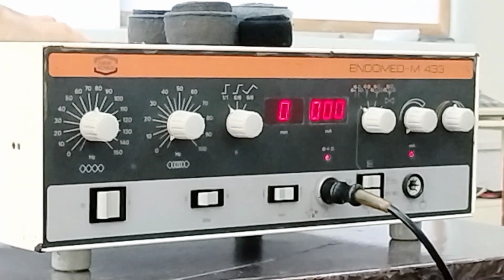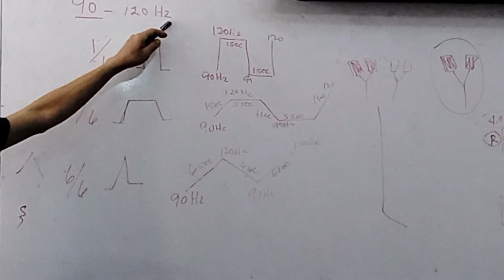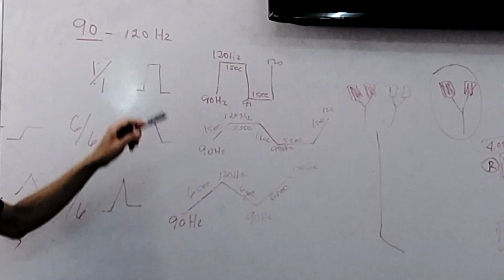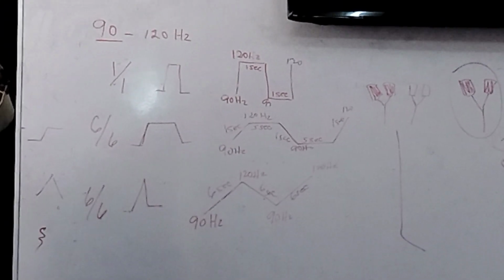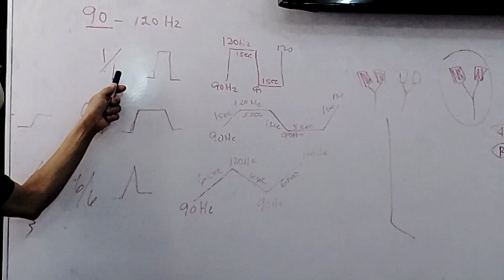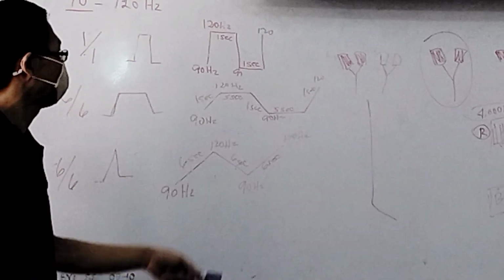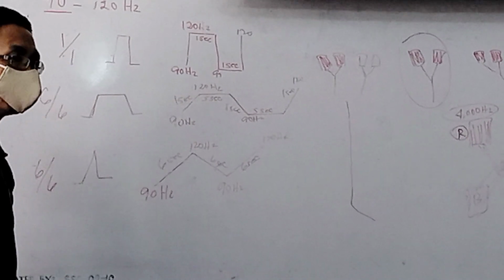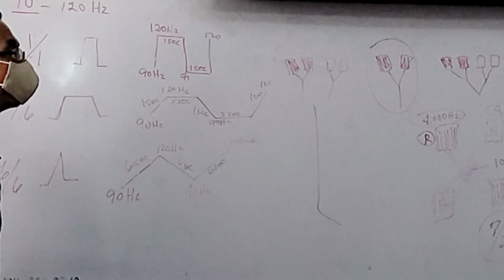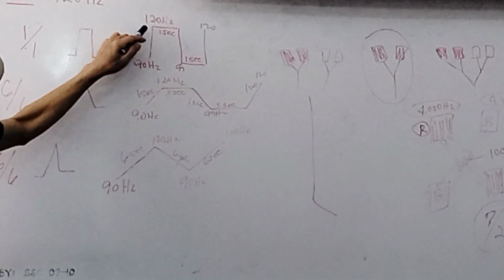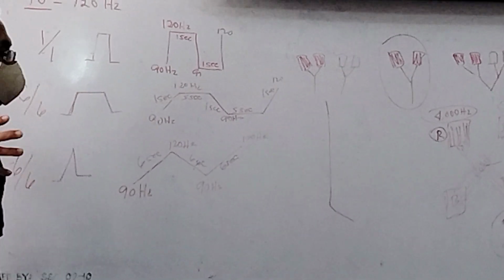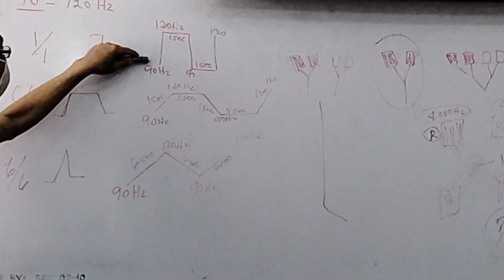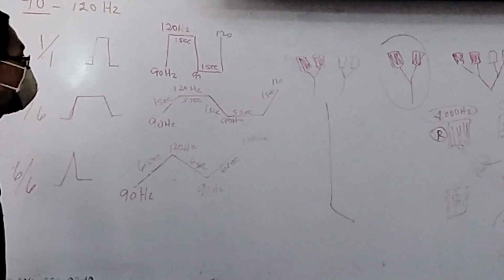Okay, so with regards to 1:1, for example, we have a frequency that will vary from 90 to 120 hertz. So with 1 over 1, rectangular, this is what happens. From 90 hertz, which is your starting frequency, base frequency, it will go up to 120 hertz abruptly.